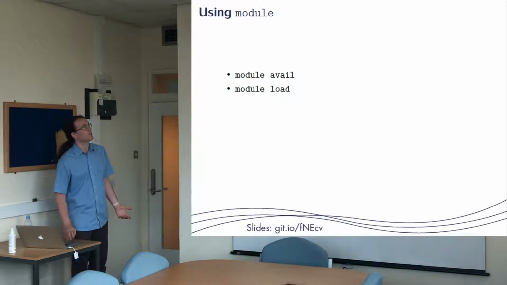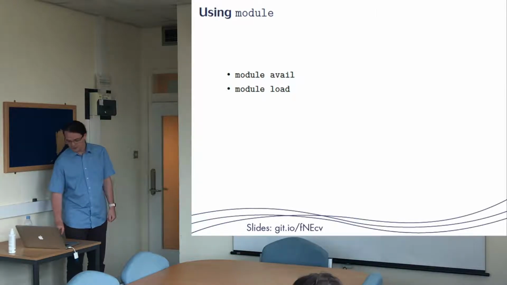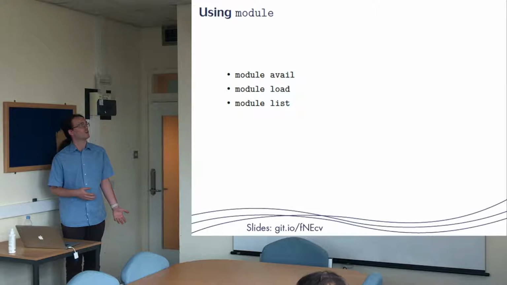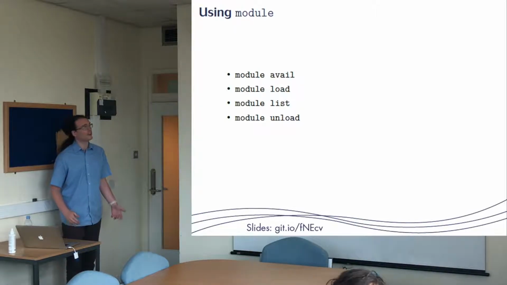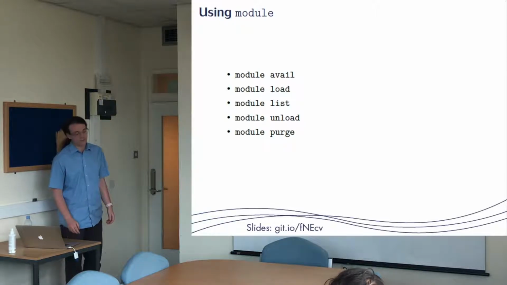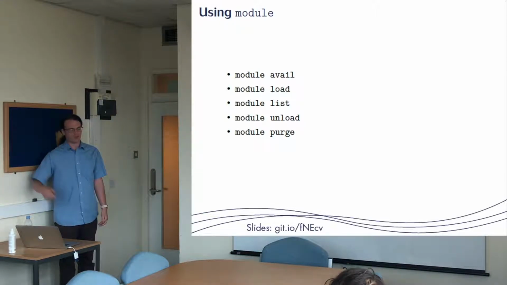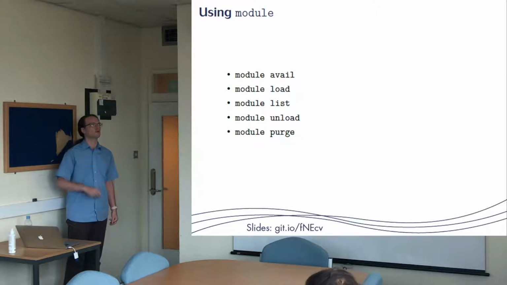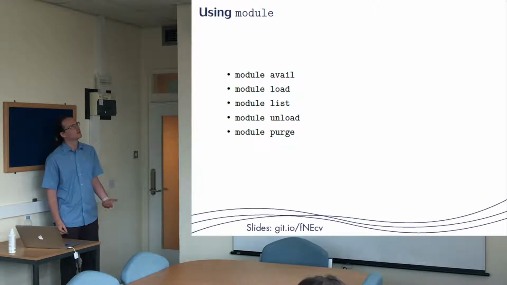Then we can load some with module load, and list the ones we've got active with list, and then unload them when we're done with them. And if we want to throw out all the modules and start from scratch, we purge them, and we're back to where we were when we first logged in.